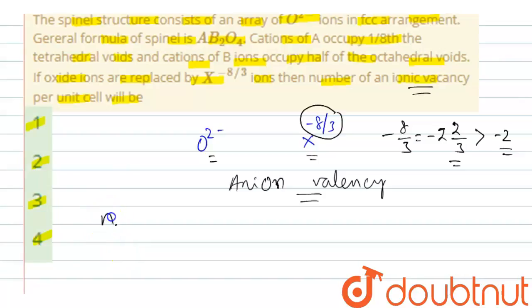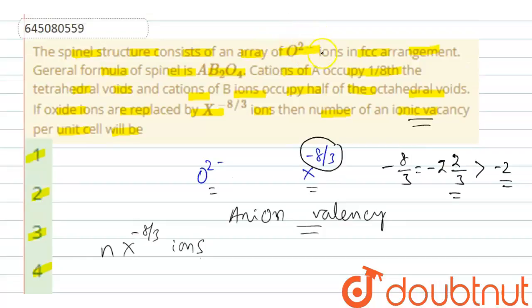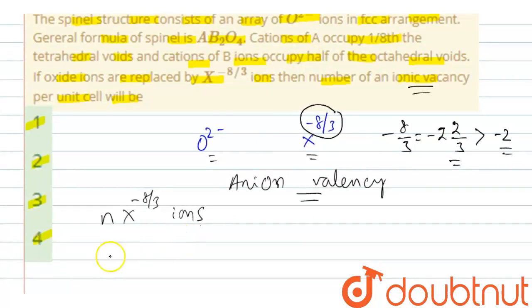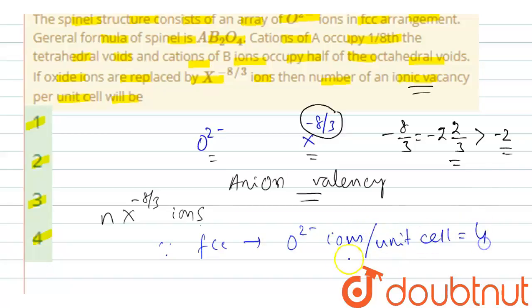We'll replace with n X to the power minus 8/3 ions. For example, n ions will replace. Now, for the unit cell, because it is FCC with oxygen in FCC, the O2 minus ions per unit cell are 4.